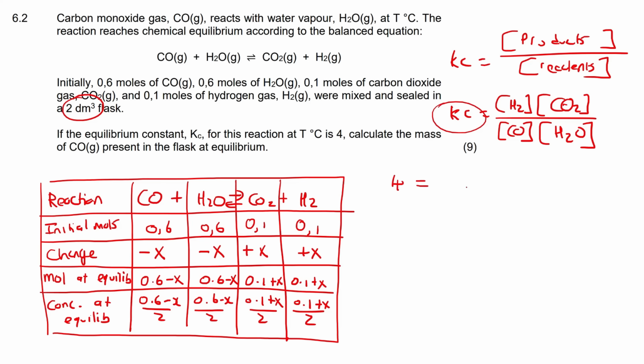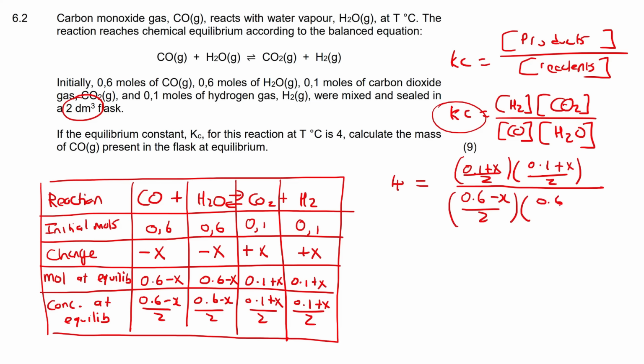So we're going to say 4 equals. Now your hydrogen gas is that, so 0.1 plus x over 2. Your carbon dioxide is the same. Then we're going to say 0.6 minus x over 2 and 0.6 minus x over 2. There are no exponents, like there's not a 3 there, for example, or a 2 over there, because the exponents are always going to be these numbers in the front, and they are all 1s in this scenario.